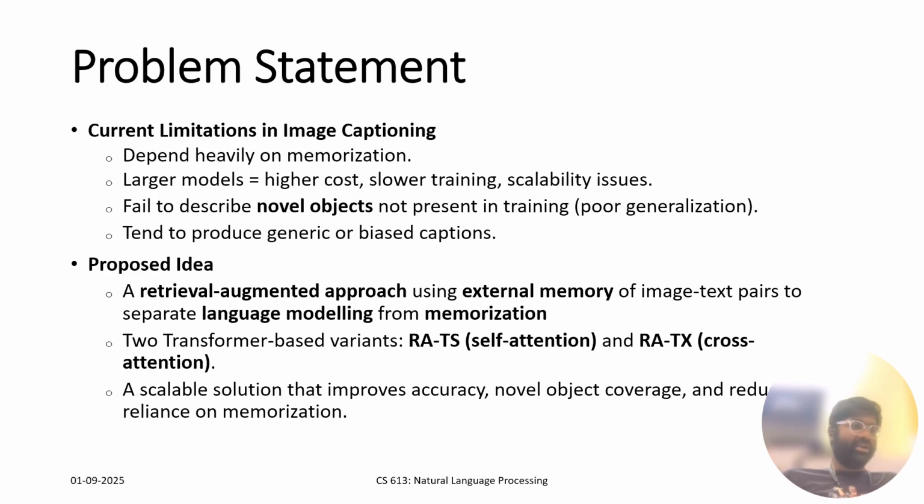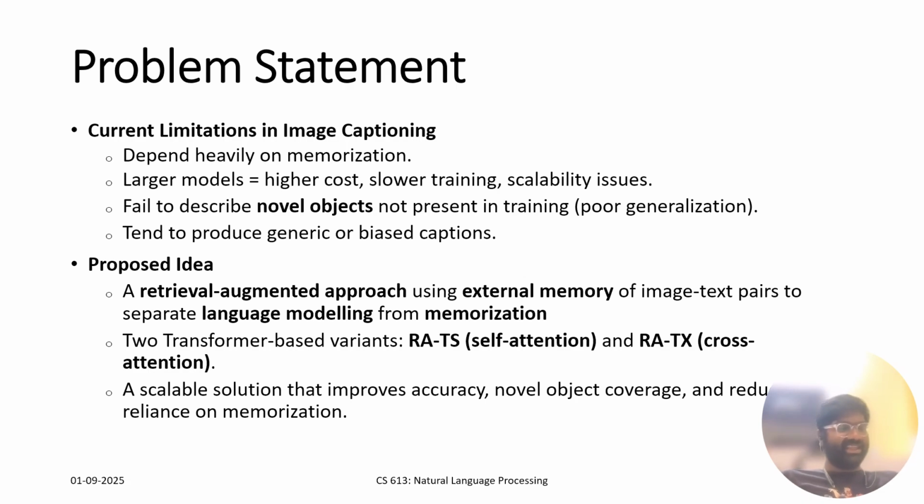And it can't describe novel objects very well if they are not present in the training data. Like if the Eiffel Tower is not there in the training dataset, it won't generate it as the Eiffel Tower. It will just say some steel monument. And it also produces generic and biased captions.